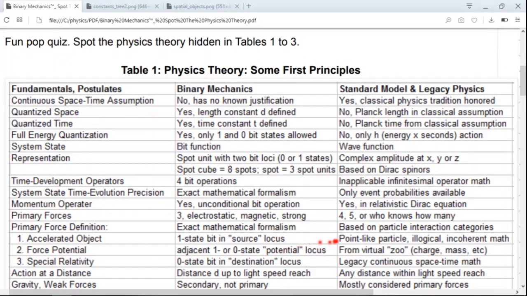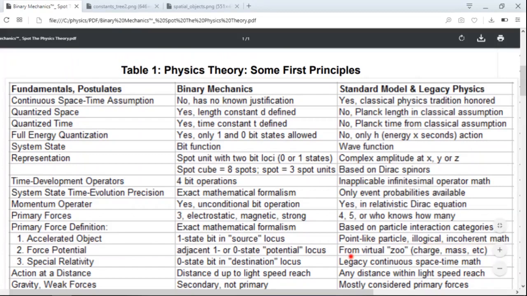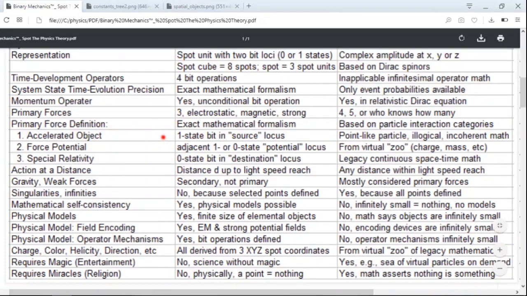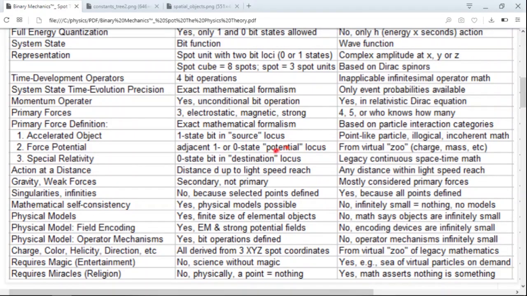On the other hand, in classical legacy quantum physics, we have point-like particles involving illogical, incoherent math, and the potentials are a virtual zoo, charge, mass, etc., and the legacy continuous space-time math is used. Notice that the distance between the one-state source bit and the adjacent potential bit is the primary length constant L, called D in this particular table.